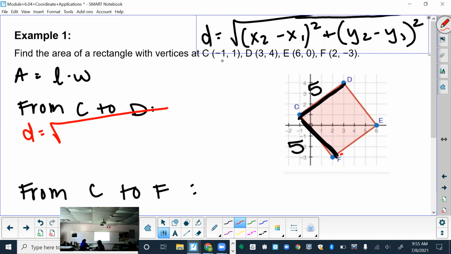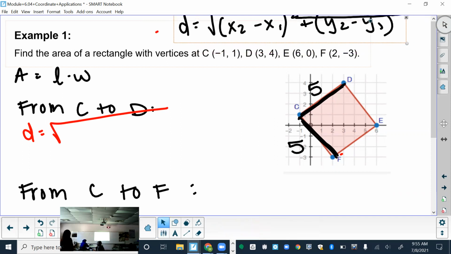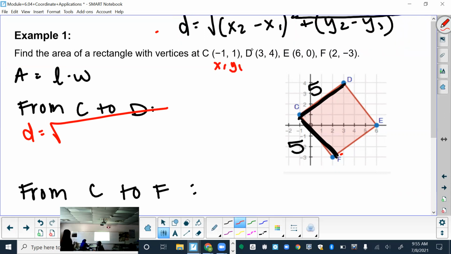So if I'm using the coordinates that they already found for us up here, I will label C as my x1, y1, and B as my x2, y2. And just plugging it in so it looks just like that formula.